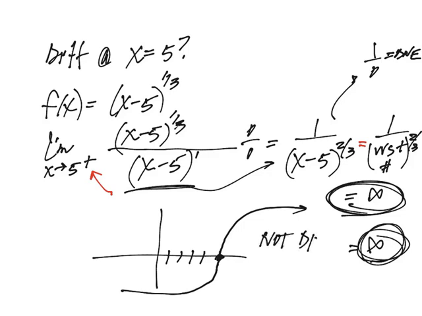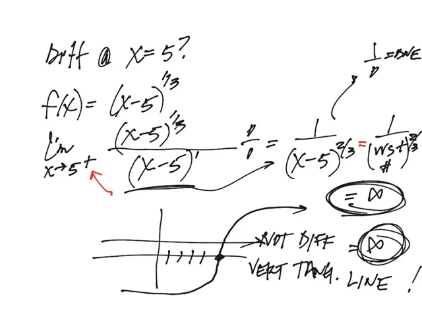So it is not differentiable, but these limits tell me that I have a vertical tangent line. I hope this makes sense. By the way, you always read slope from left to right, so it's positive infinity to positive infinity.